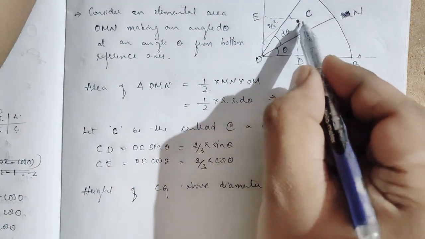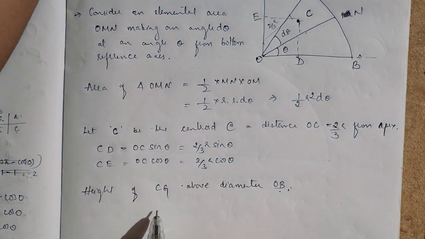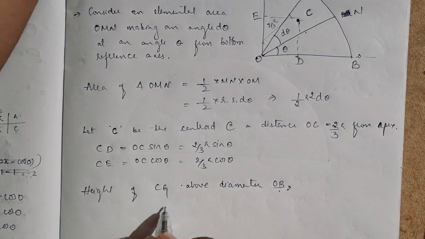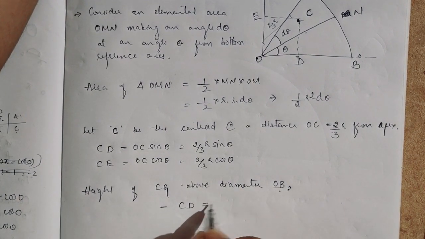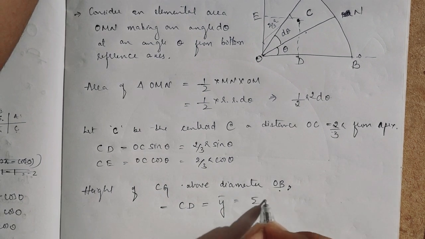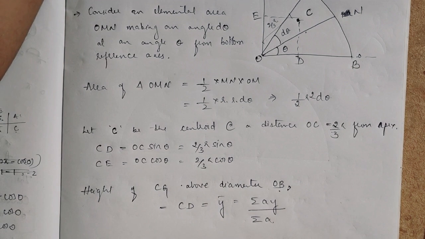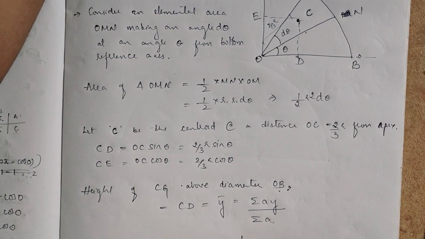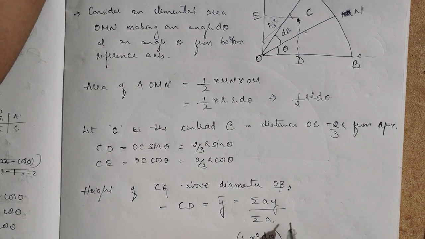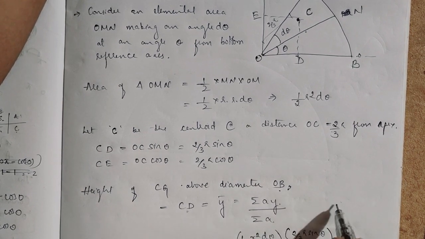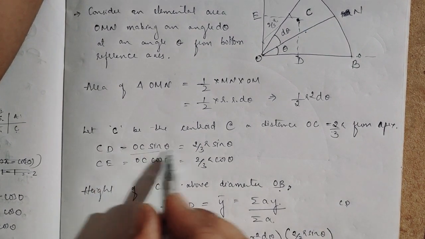Now we have to find this one, CD, which is y bar, that is summation of A into y divided by summation of A. We know the area, that is half into r square into d theta, and y is 2 by 3 r sin theta, since CD is OC sin theta.